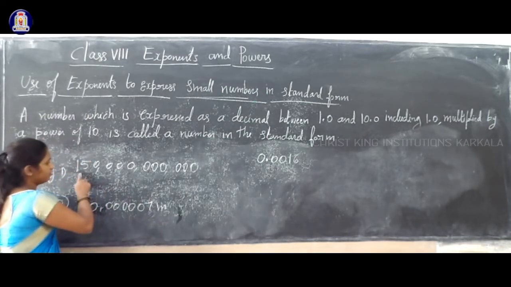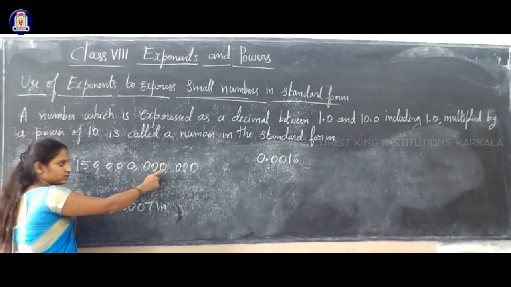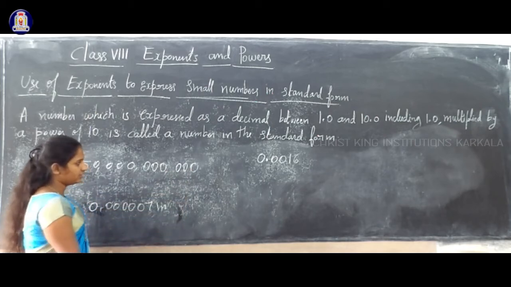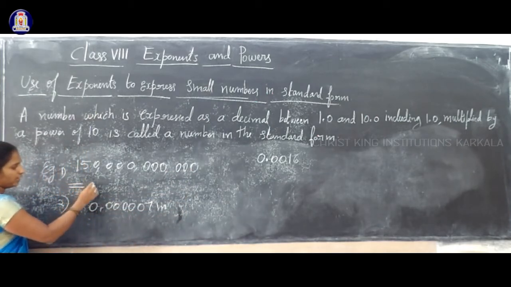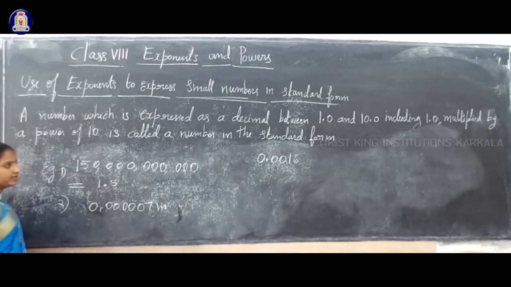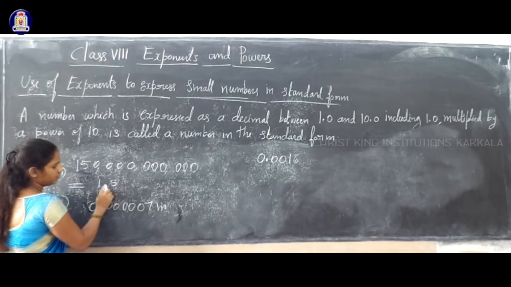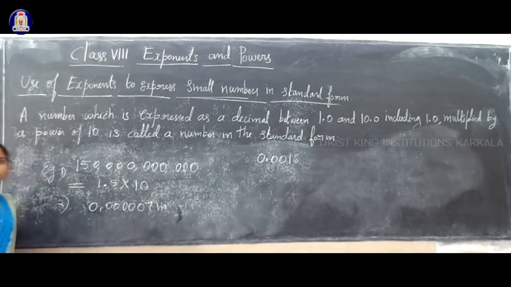Now, if you see this example, 150,000,000,000, we can write it in standard form like this: 1.5 into 10 power.